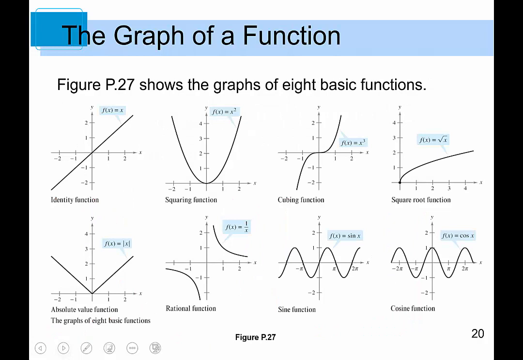As you can see, the following are the 8 basic functions. First, the linear function, f of x equals x, passing through the origin with a slope of 1. The second is the squaring function, or what they call the quadratic function.